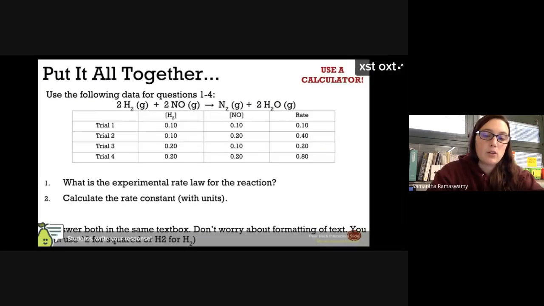Now, remember that you're looking at changing one reactant at a time. So you need to first look at where H2 changes, but NO stays constant. What happens to the rate? And then where does NO change, but H2 stays constant, and how does that affect the rate? Then you're going to calculate the rate constant.